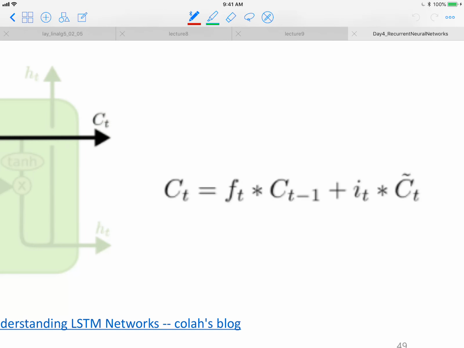But in this case, this is the updating formula of our cell, and we can avoid this gradient vanishing or explosion. What is the reason?